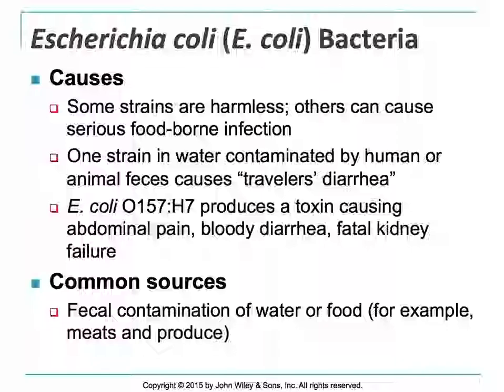So a lot of produce, even if you grow your own fruits and vegetables in your garden at home, likely have some E. coli on them simply because they're coming from the soil. It's important to always wash your fruits and vegetables, but also certainly understand that not all strains of E. coli are dangerous.